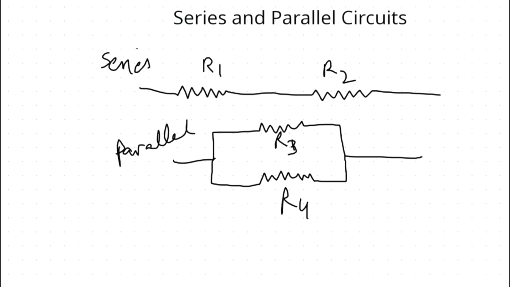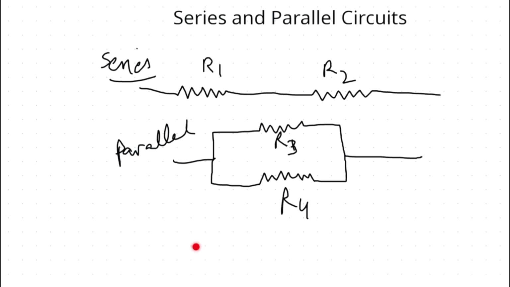So in a series circuit, our resistance will add up. So the resistance is in a sequential fashion, whereas in a parallel circuit, we have resistance that is in parallel to each other. So R3 and R4 are in parallel to each other, right? So this is a parallel circuit.